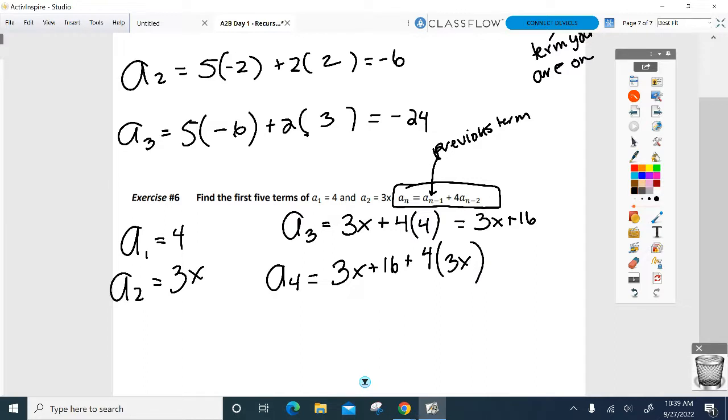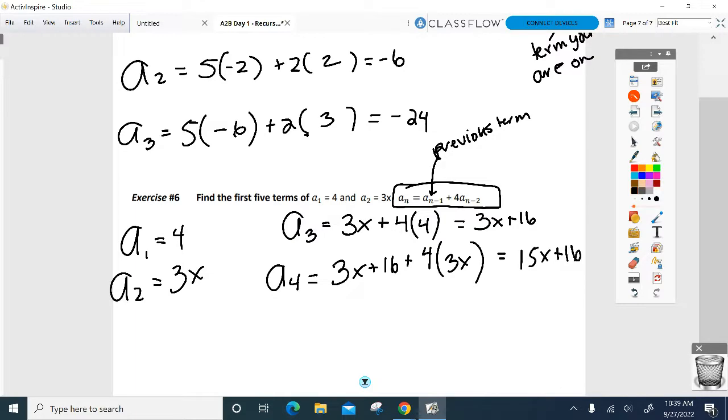Any confusion? Are we good? Multiply 4 and 3x and then combine your like terms. So what do we end up with there? 15x plus 16.